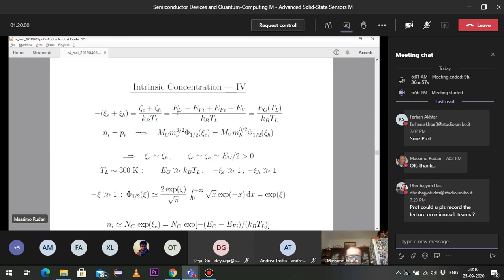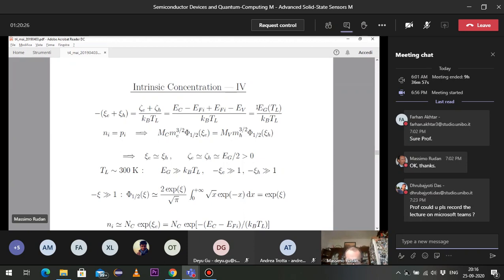And we are left with the difference Ec minus Ev. And this difference is equal to the gap of the semiconductor. The gap of the semiconductor is known. We can calculate the gap of the semiconductor, or we may also measure it, okay?